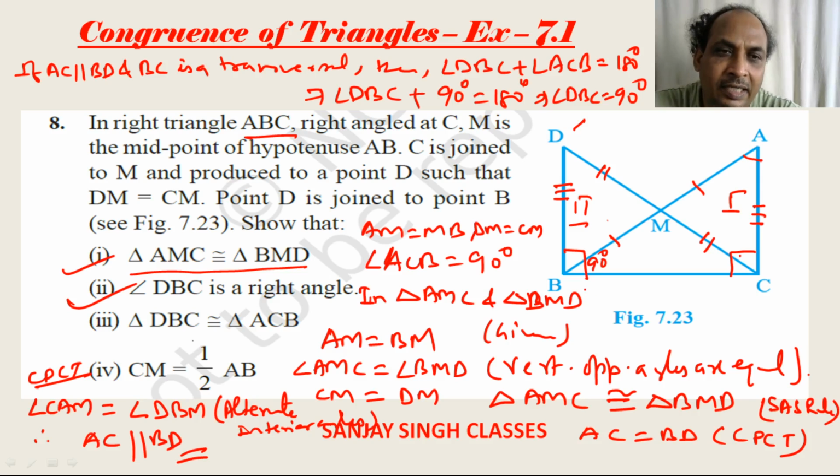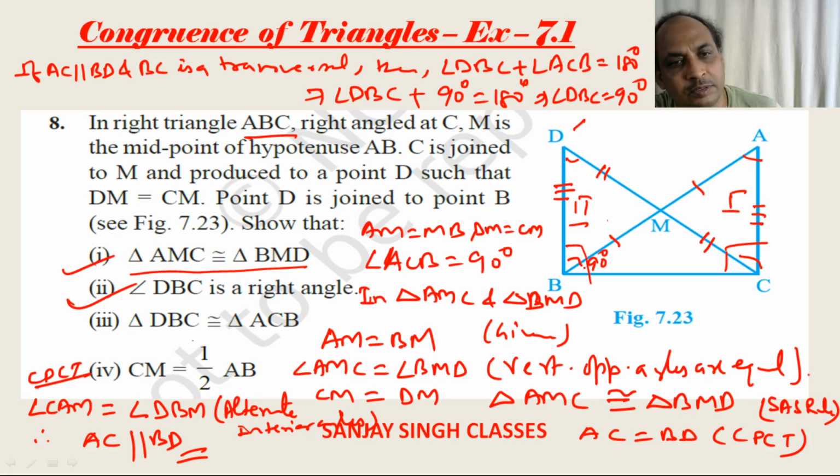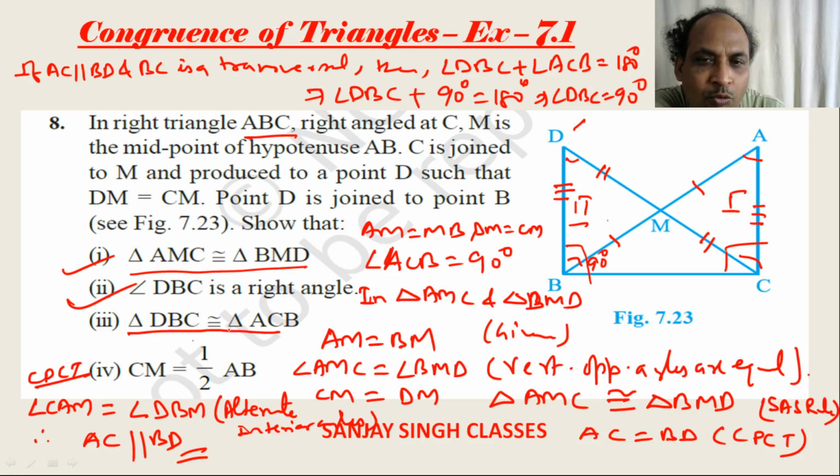Now we will go for triangle DBC and triangle ACB. Here what we have seen is that this angle is equal to this angle, and similarly this angle is equal to this angle, which is 90 degrees only.